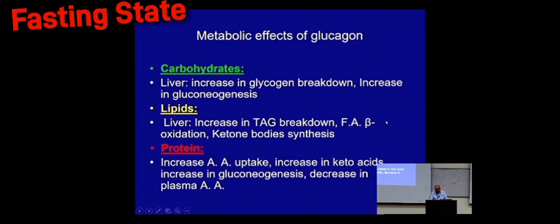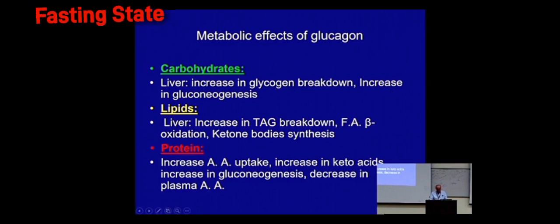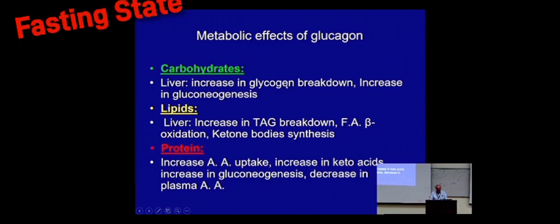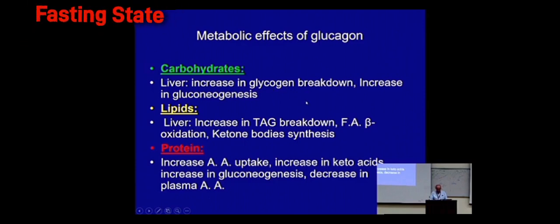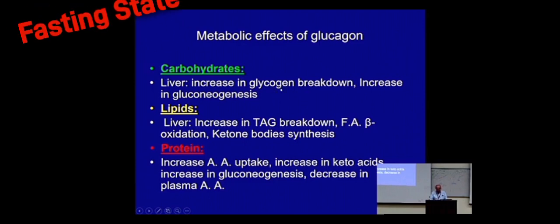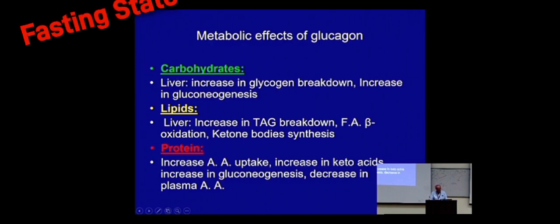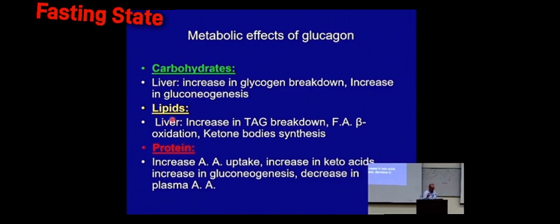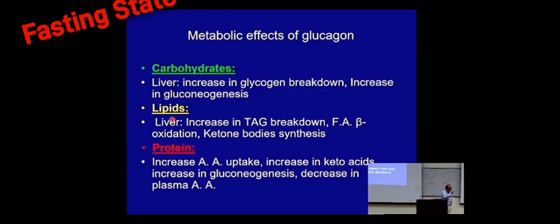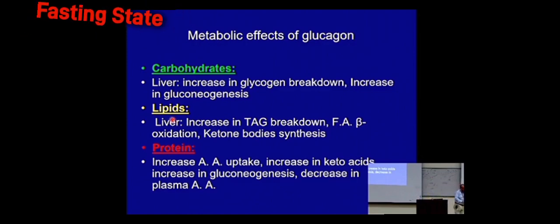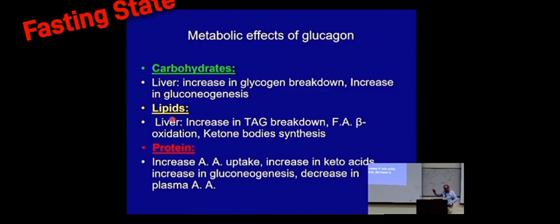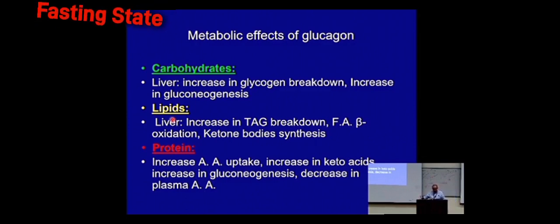You have an increase in gluconeogenesis. Okay? Both of these are key functions, again, of the liver. These are the key functions of the liver. So think about it. Glucagon is high when glucose in the bloodstream is low. That means you are in a fasting cycle.